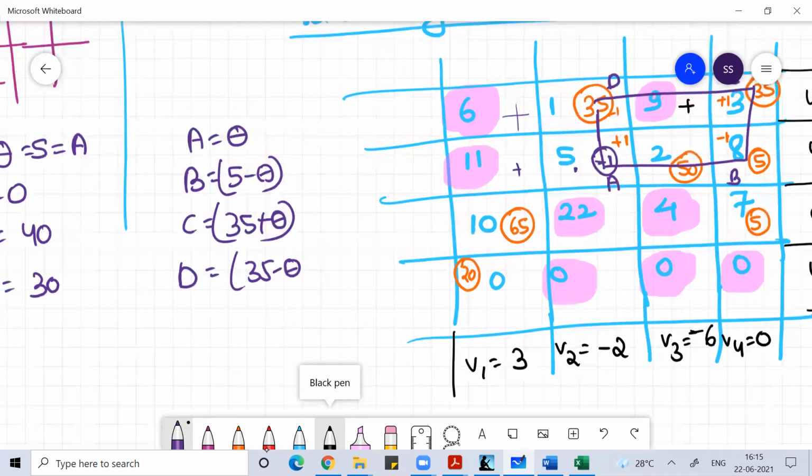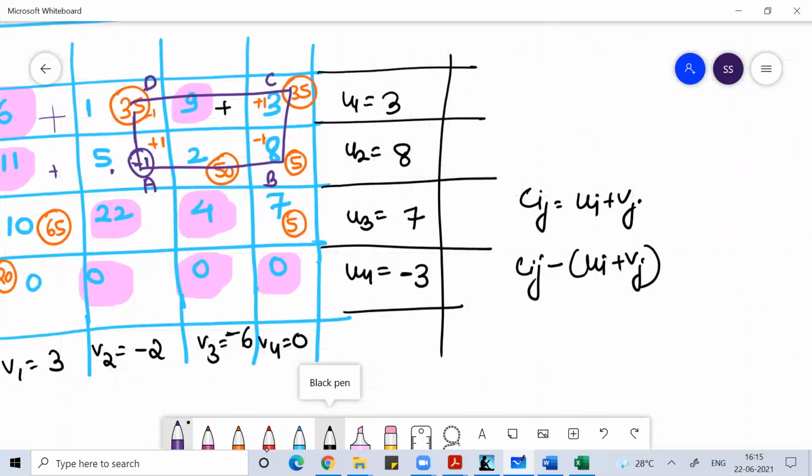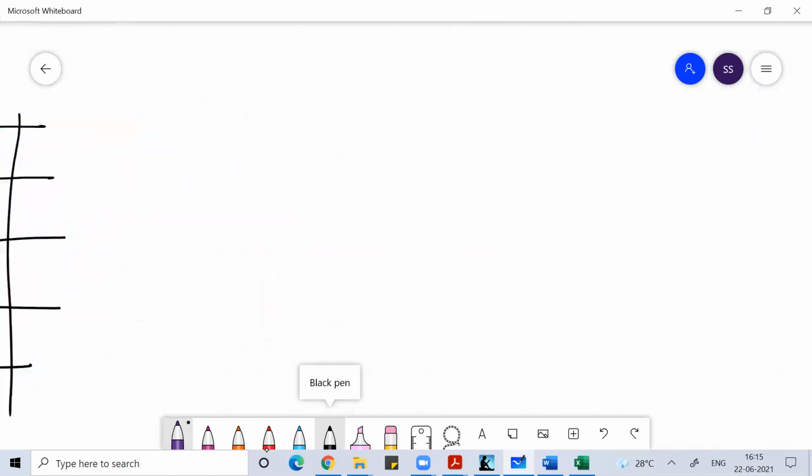Clear everyone. So let me do this allocation. Let me do this, then we'll check the test of optimality. We'll do that.